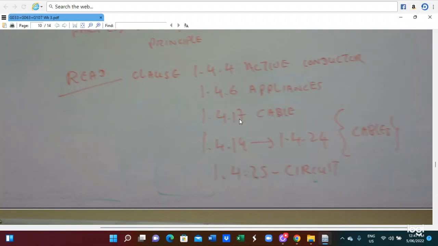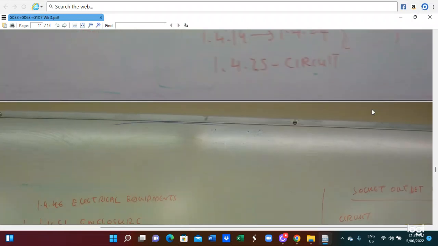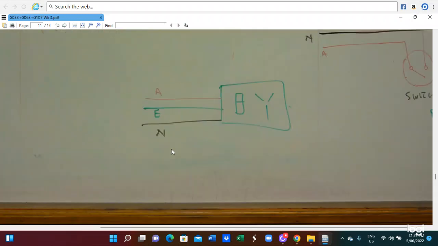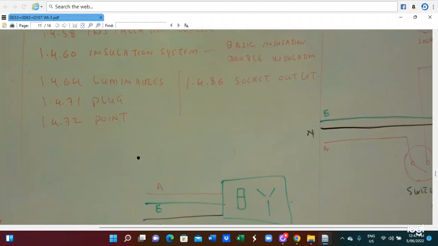Those things are about the active conductor, appliance, cable, also the circuit. And also you have to read 1.4.46 electrical equipment, 1.4.51 enclosure, 1.4.58 installation coupler, 1.4.60 insulation system, 1.4.64 luminaire, 1.4.71 plug, and then 1.4.72 points. Those things you have to read. So here is a socket outlet connection diagram.